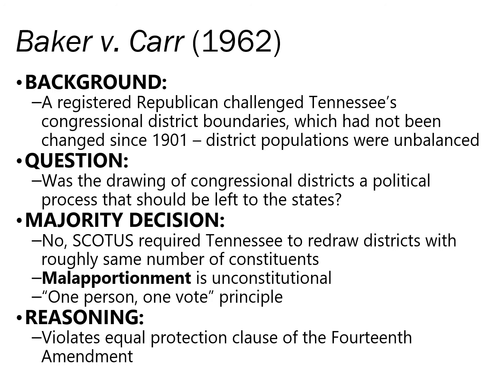A little background: Tennessee hadn't redrawn or changed their district boundaries since 1901. So, of course, the state changed big time in the 61 years. And you had some districts that represented 10,000 people and some districts that represented 100,000 people, and that's not fair.